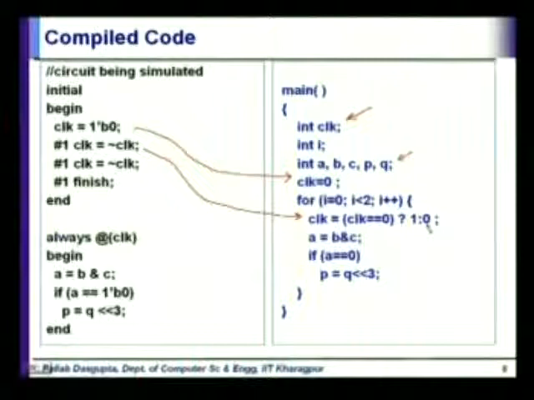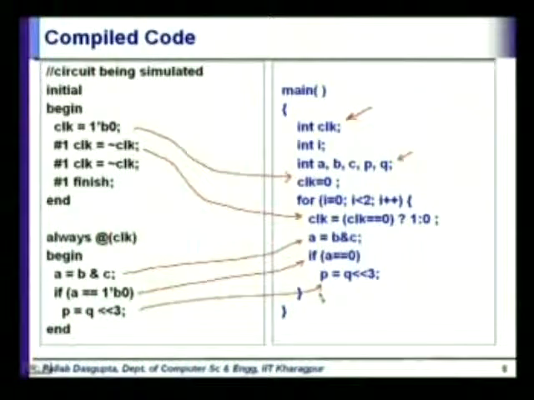Then after toggling clock, we have to evaluate this. So this is done here, A equal to B and C, and then you check if A is 0, then this. And then this is done another 2 times, corresponding to the times that this is changing, another 1 time. So after that it simply terminates.